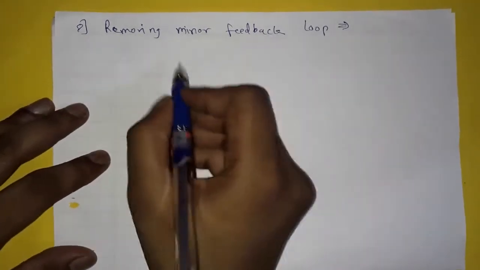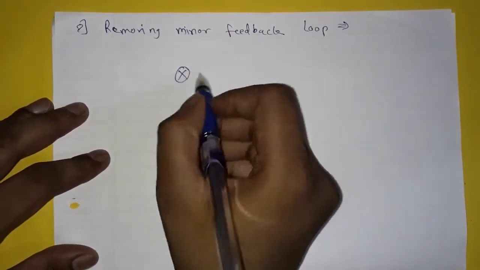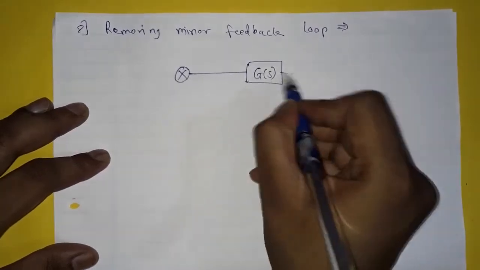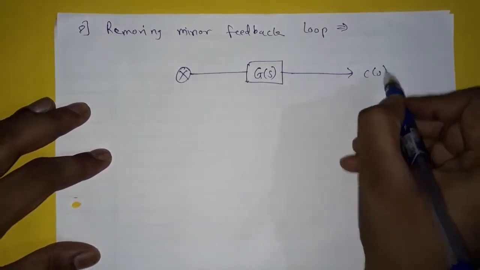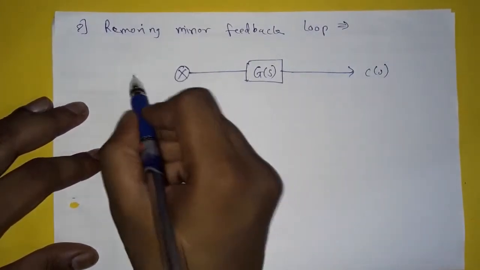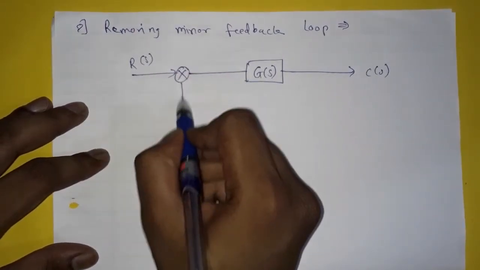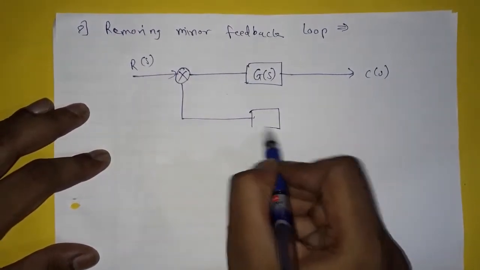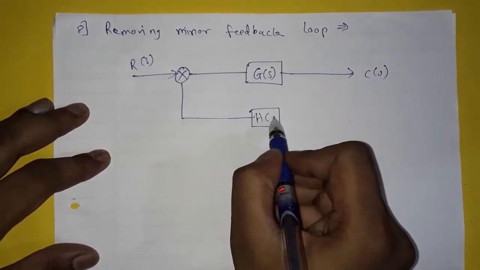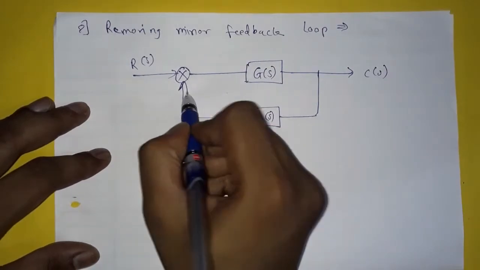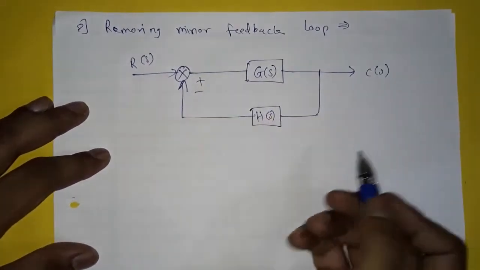See, this is a summing point. This is G of S. This is C of S. This is R of S. And this is a feedback loop H of S block. This is plus or minus.